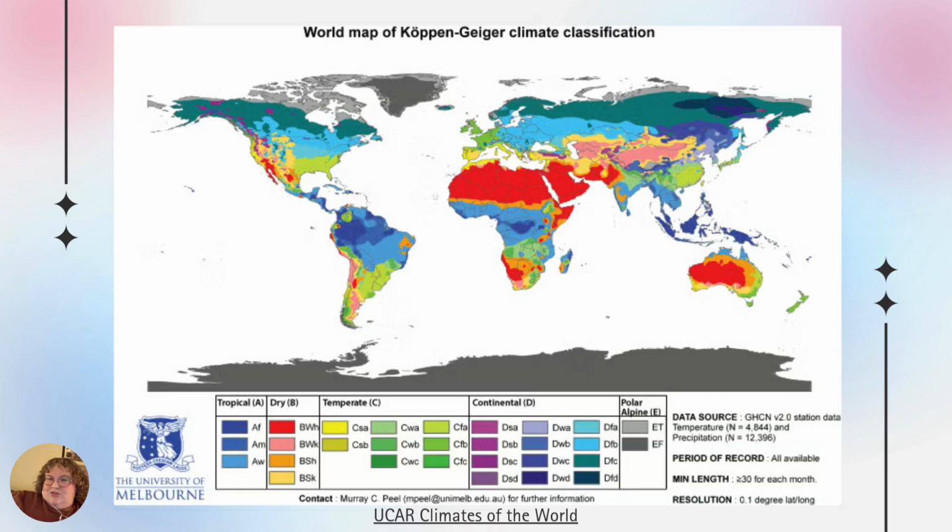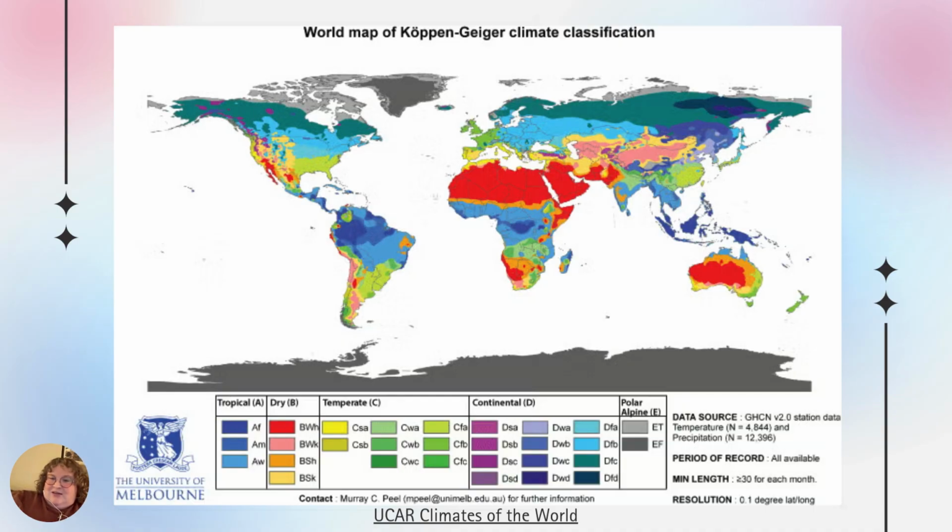And when we look at the whole world here and compare it to that depiction of the global zones that I had you look at in the beginning of this little lecture, this is much more detailed. Essentially what I want you to understand is why this is interesting: climate is something that we can look at on such different scales.